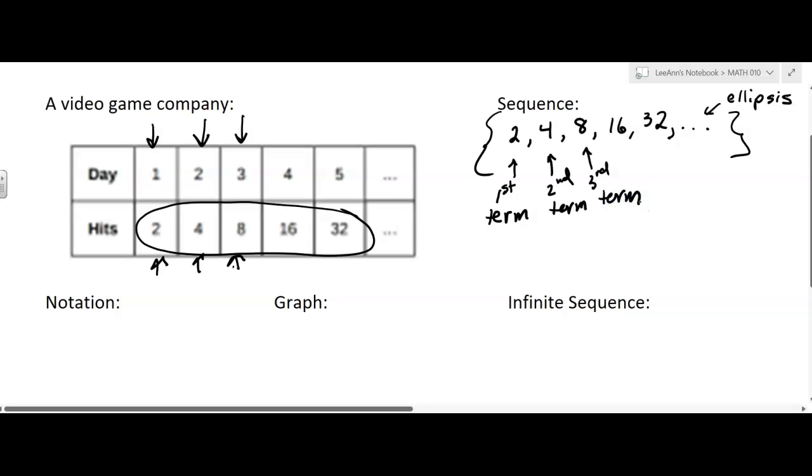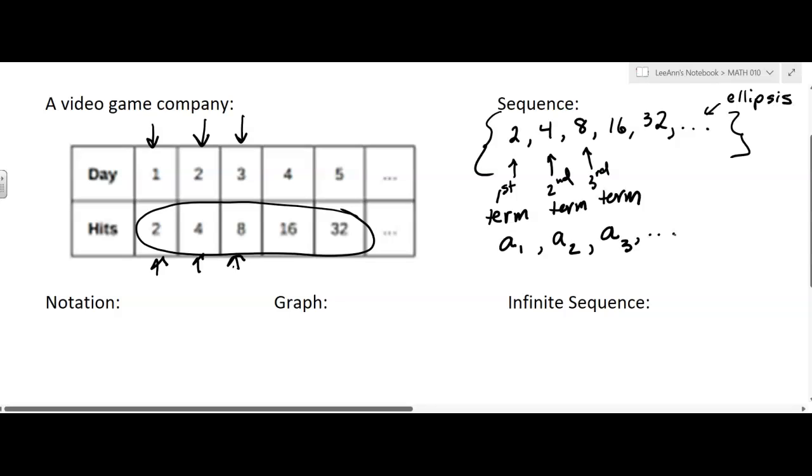The way we indicate what term we want to talk about, we usually use A to represent whatever we have. So we say A sub 1, comma, A sub 2, comma, A sub 3. And then we're saying that pattern continues. And that represents a sequence. If we had a second sequence, we would just say B sub 1, B sub 2.